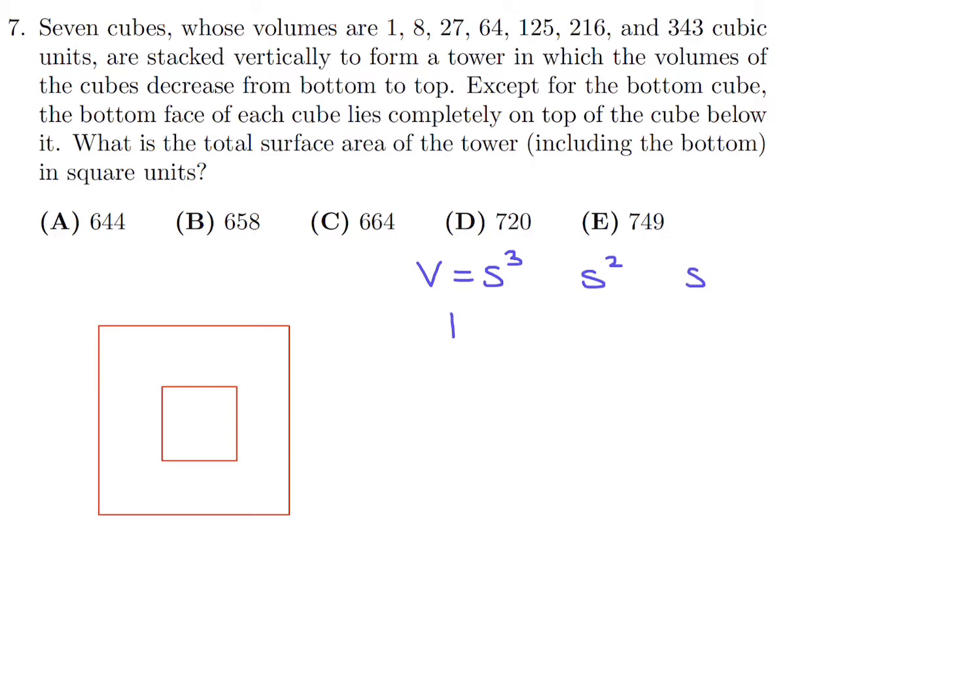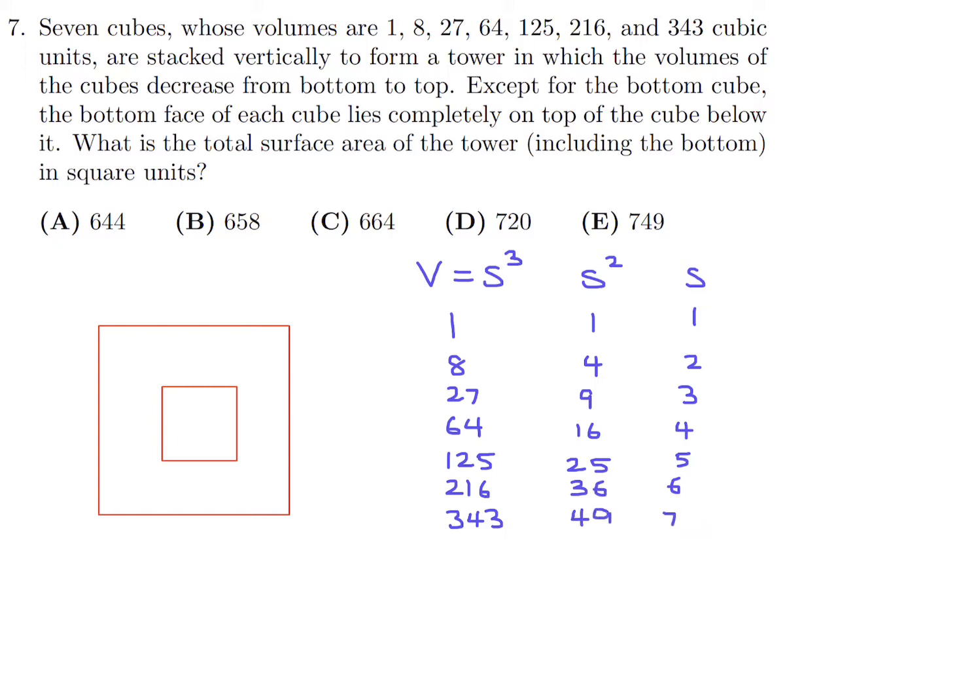And we are told those volumes are 1, 8, 27, 64, 125, 216, and 343. So we can easily figure out this table. This is 1, 1. This is 2, 4, 3, 9, 4, 16, 5, 25, 6, 36, 7, and 49.